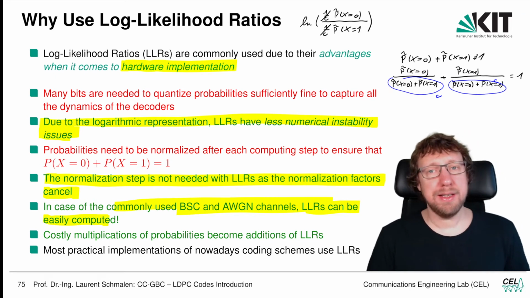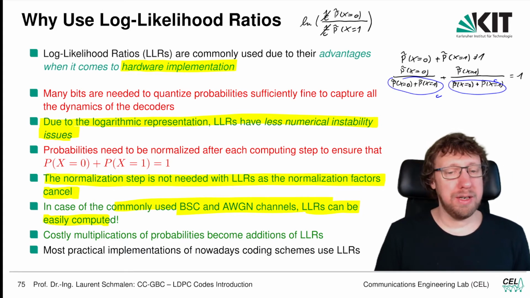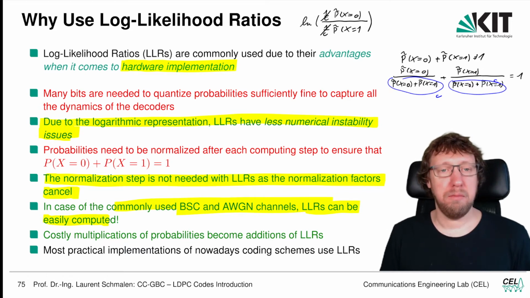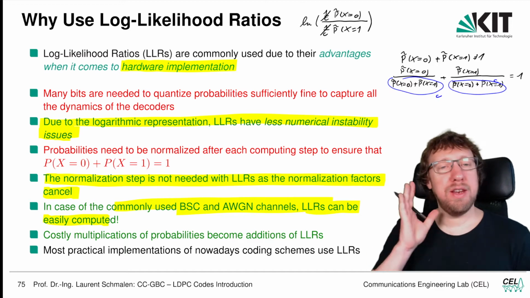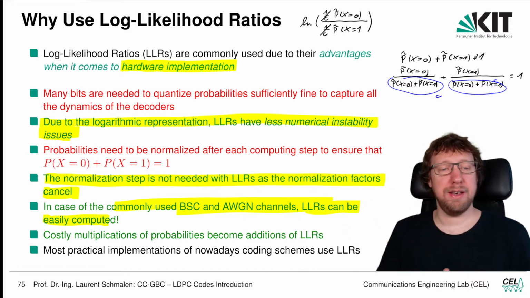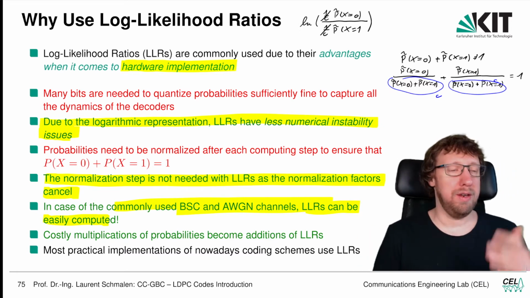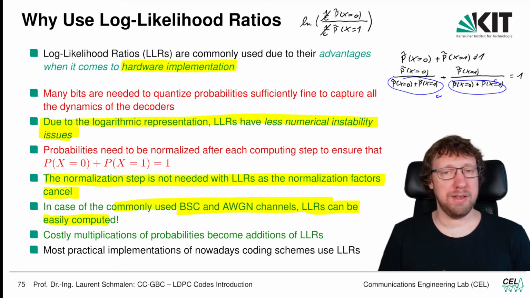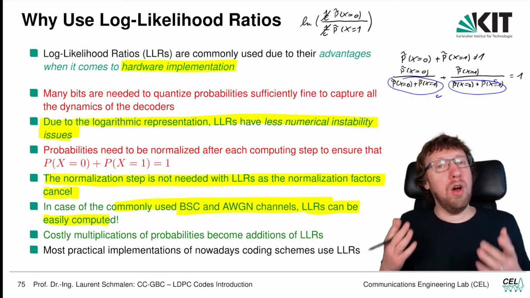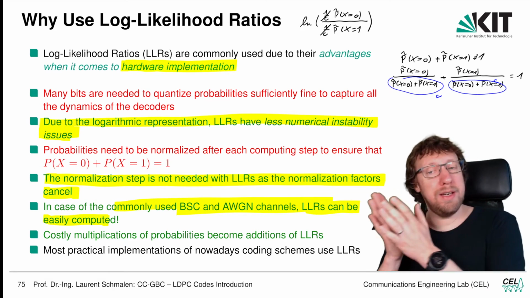Second advantage is that we often need to multiply probabilities. And we know from digital electronics that multiplications are bad. Multiplications are very costly. In order to realize a multiplier, you need to have multiple full adders in a sequence, and the critical path is complicated, or you need to have flip-flops in between, which increases the hardware costs. Now, because of the logarithm, you essentially transform a multiplication into an addition.